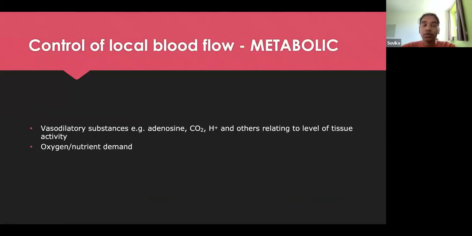So this is where you've got different chemicals in the circulation or in the surrounding tissue that are impacting how much flow you're getting to the tissues. So some substances like adenosine, carbon dioxide, protons, they have a vasodilatory effect. So the more of those components you have, the more your blood vessels will vasodilate.